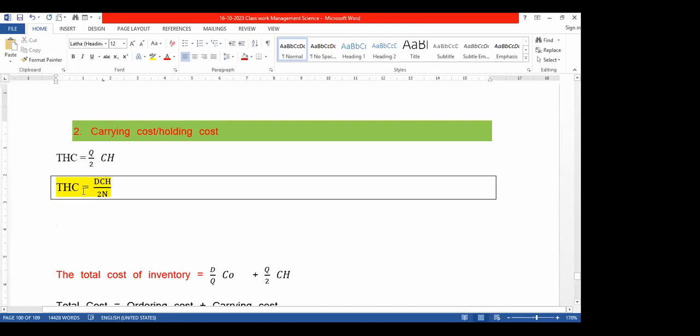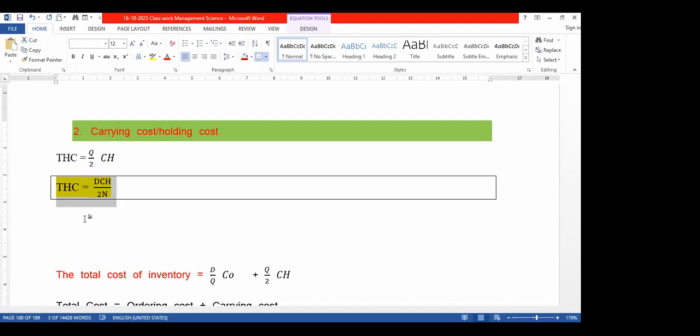There is another formula that is sometimes needed, note it somewhere. Total holding cost is equal to D times CH over 2N, where CH is the carrying cost per item per year and N is the number of orders. This is one alternative way to calculate total holding cost, right?